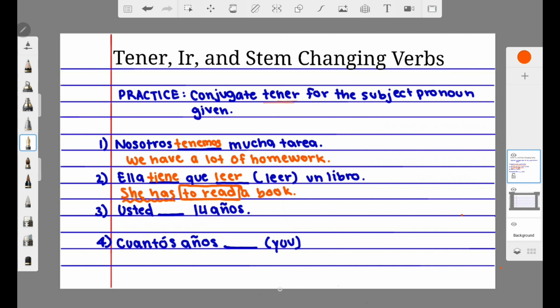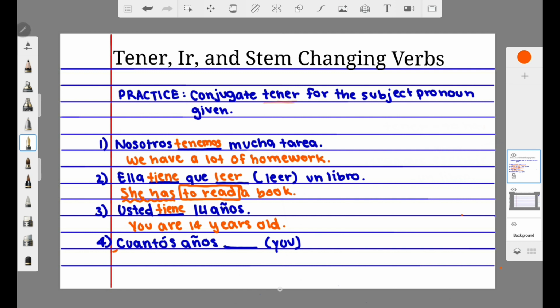Alright, next we have usted blank 14 años. So we're talking about the usted form here. So tiene, you formal are 14 years old. Now, even though it translates literally to you formal has 14 years, it's understood that that's what it means, so we're not going to literally translate it here.